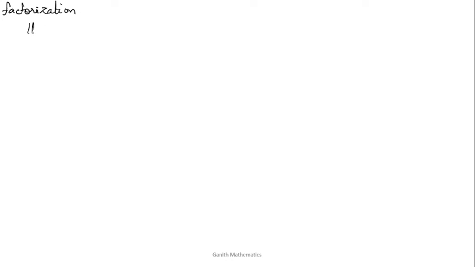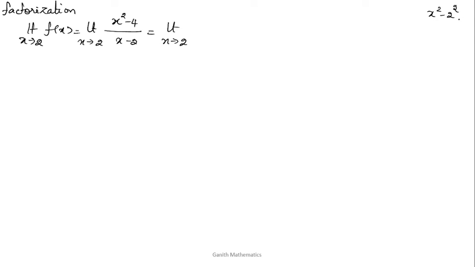So our problem is limit x tends to 2 f of x, that is limit x tends to 2 x square minus 4 divided by x minus 2. x square minus 4 can be written as x square minus 2 square, that is a square minus b square. This can be written as x plus 2 into x minus 2, because a square minus b square is a plus b into a minus b.